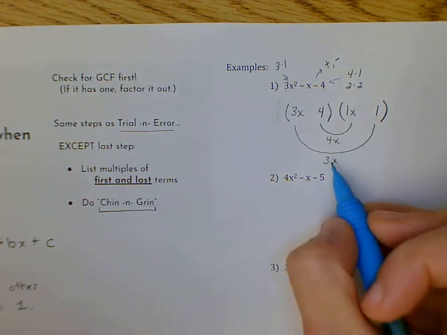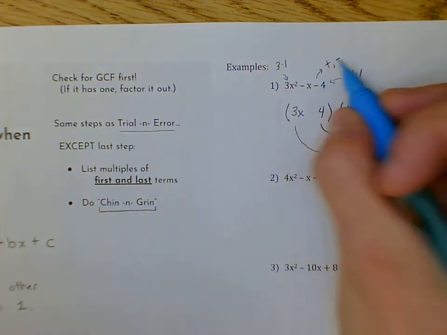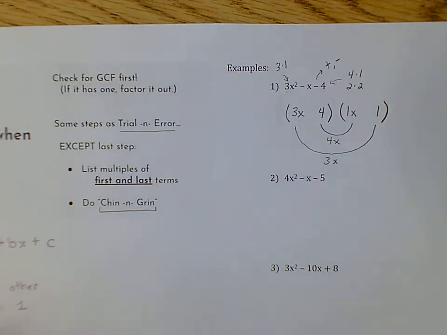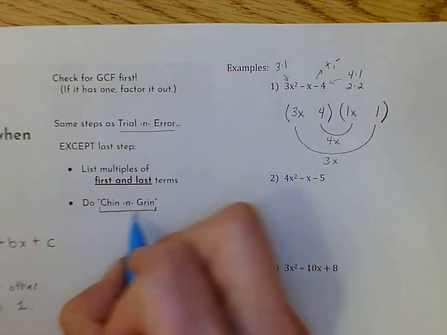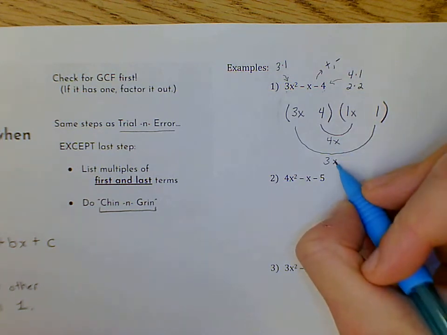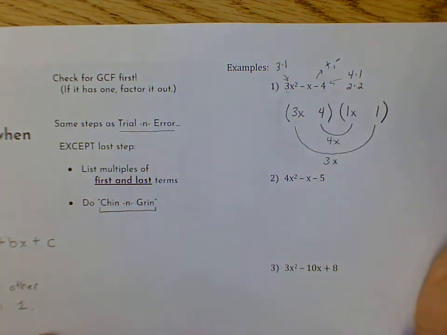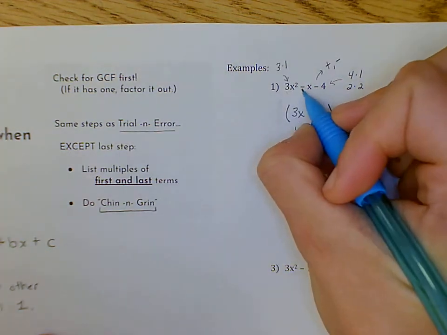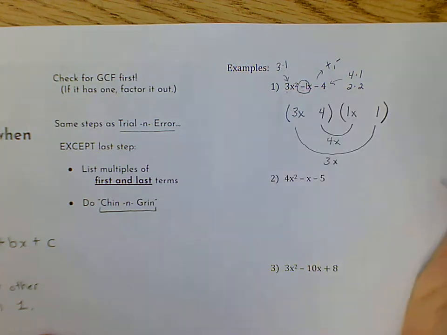And then you're going to look at it, and you're going to remember that it has different signs, and you're going to ask yourself that same question you asked in the last one. After we've multiplied them, after we did the chin and grin, do these combine in some way with those signs? So one of them is going to be a plus and one's going to be a minus, to give you this middle term. And so our goal is to get a -1 out of it.